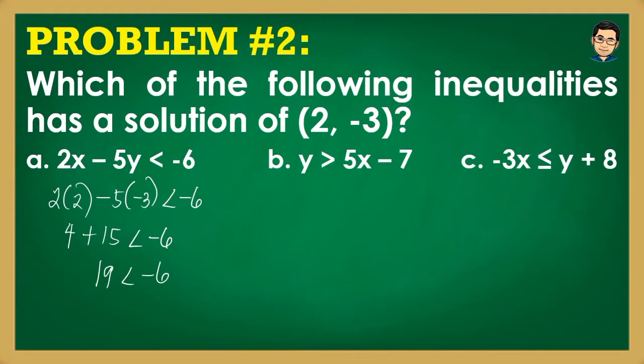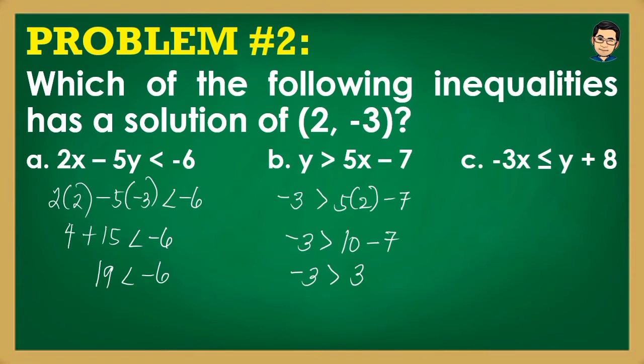Next, y is greater than 5x minus 7. So that is negative 3 is greater than 5 times 2 minus 7. And then negative 3 is greater than 5 times 2, that is 10, minus 7. So, negative 3 is greater than the difference between 10 and 7, that is 3.